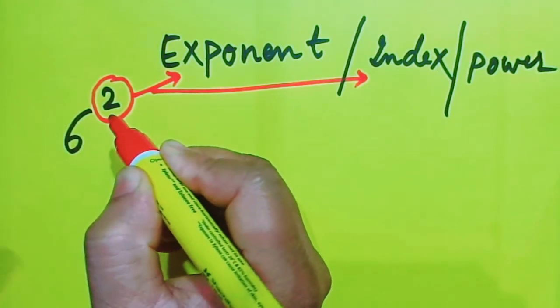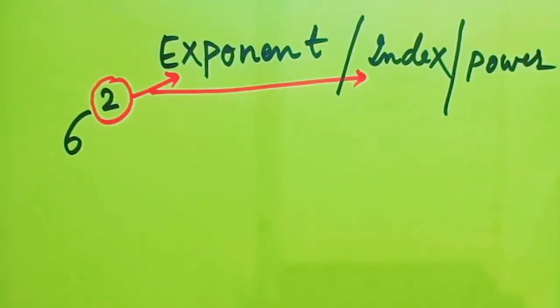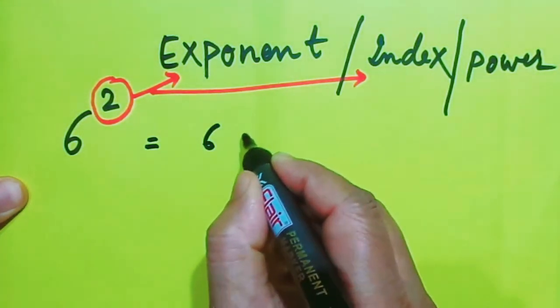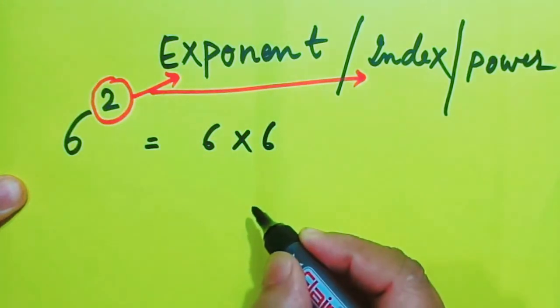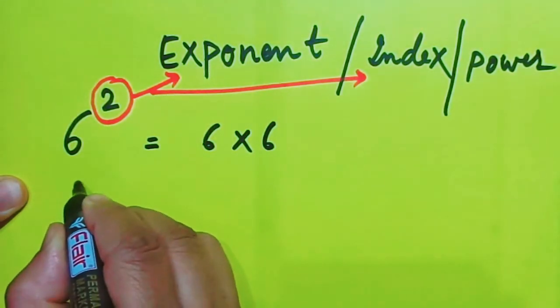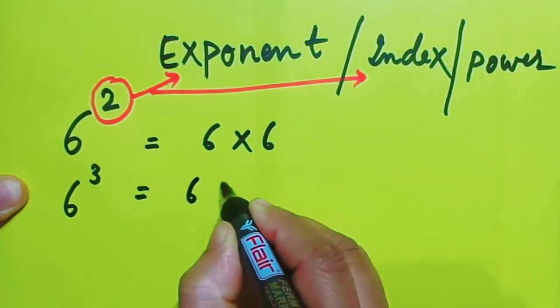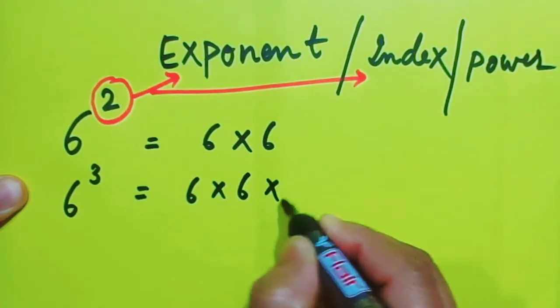Let us see. So this 6 square means 6 multiplied by 6. If it would be 6 cube, then it would be 6 into 6 into 6.